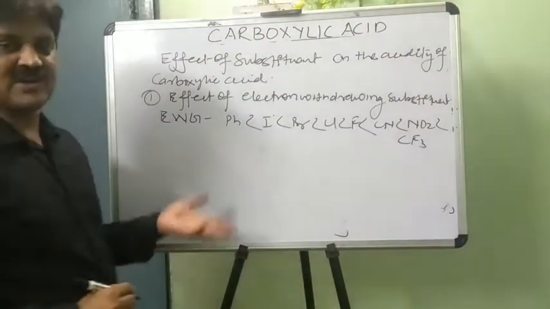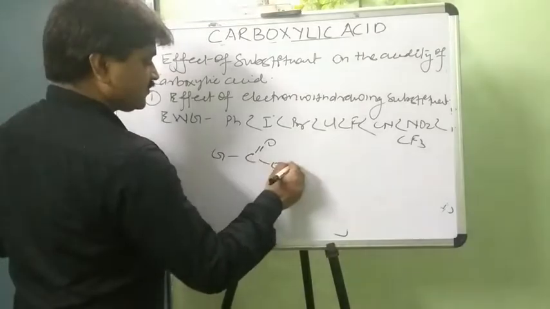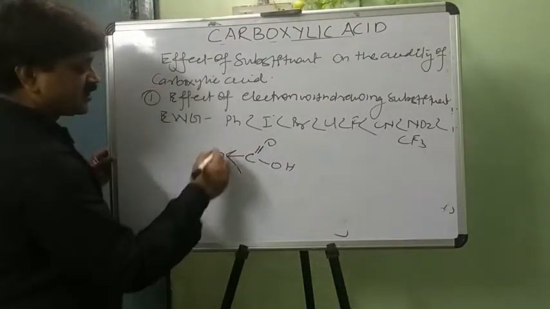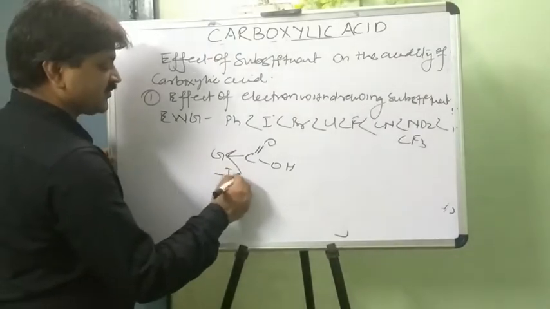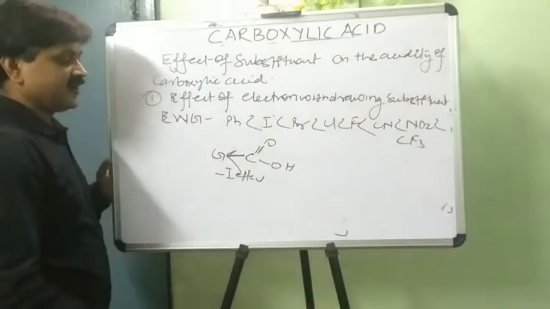What is the effect of an electron withdrawing group? Just like here, the group COOH. Electron withdrawing groups actually show the minus I effect. It gets the electron toward itself.